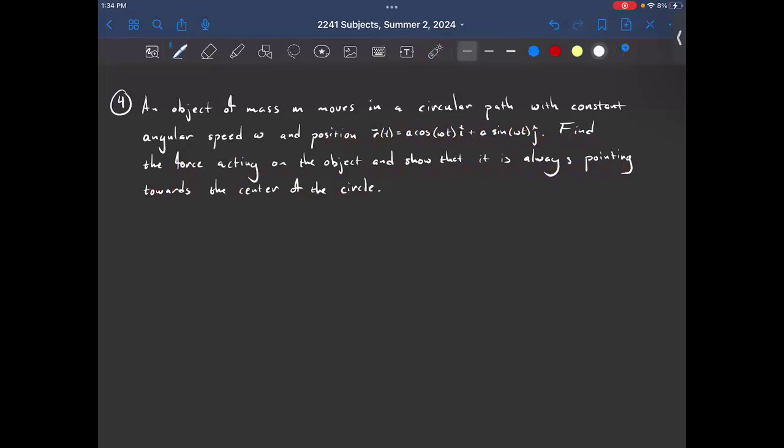The force, by Newton's second law, is given by the mass times the acceleration vector. Okay, but the acceleration vector is the second derivative of the position. And the mass is constant, so I can drop this dependency. So I just get to write m r double prime of t.